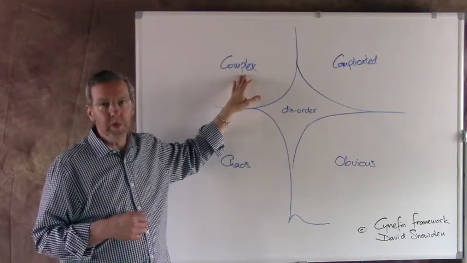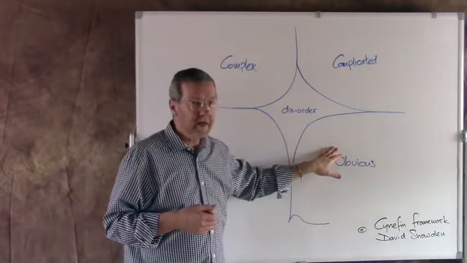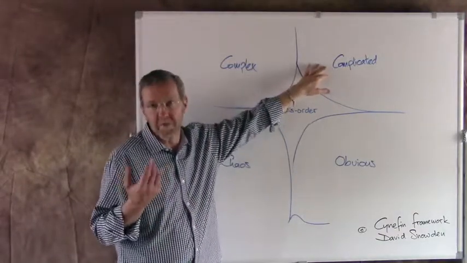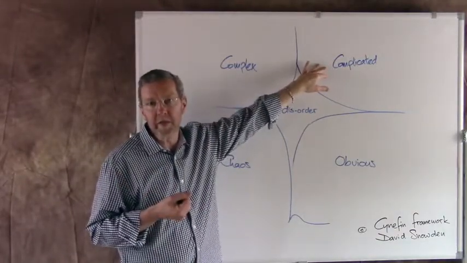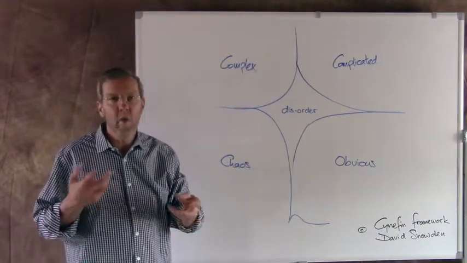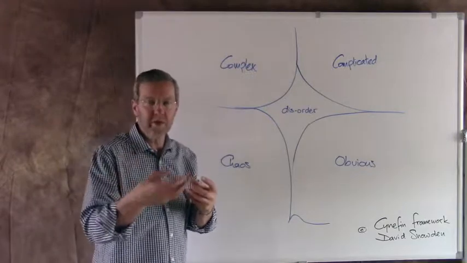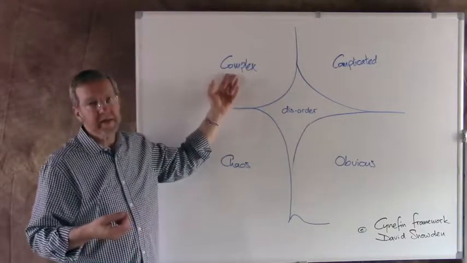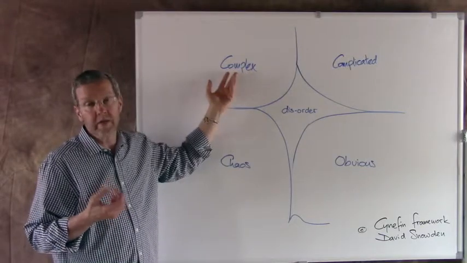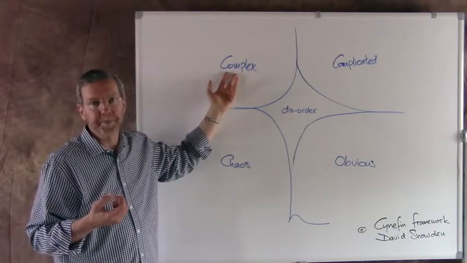There might be new rules developed that are forever. There might be new products, services developed that could be complicated. But to figure out what needs to change and where to put effort, resources, money, that's a complex environment. That's a complex problem, and you'll get there by trial and error.